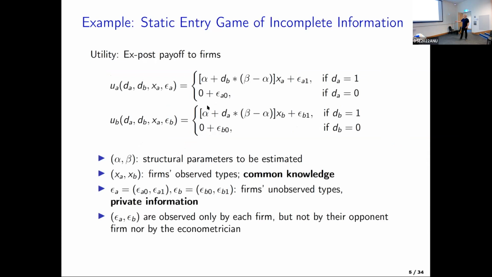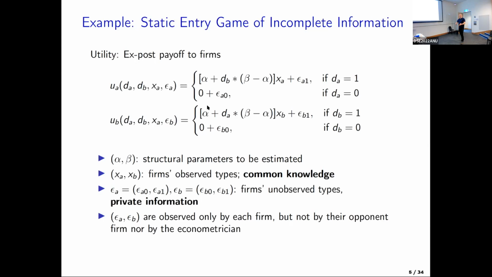Here's the payoff if you're entering the market, and you essentially get a payoff that depends on whether your competitor is there. So you're going to be knocked down by minus beta if both firms are active in the market.